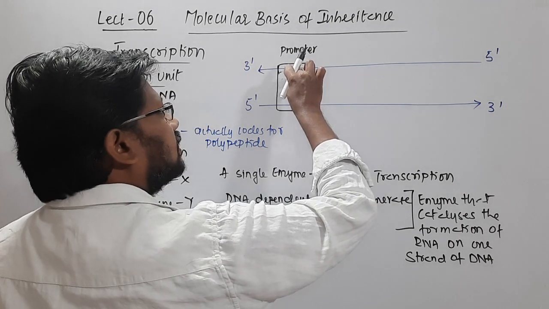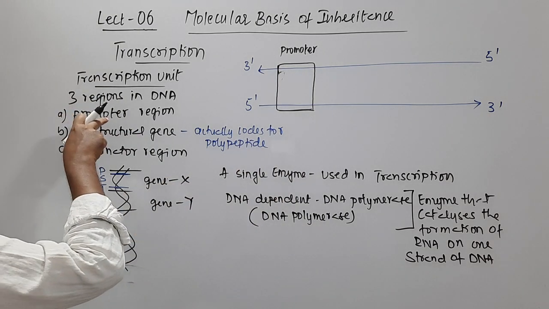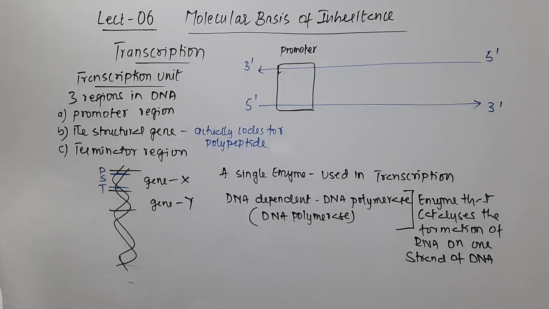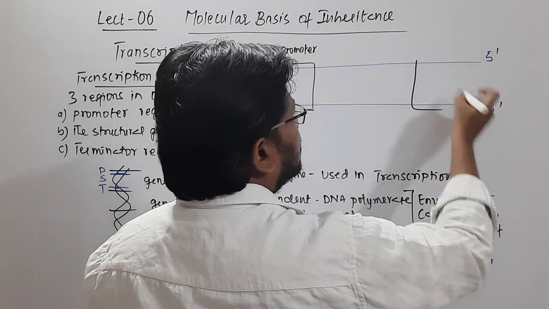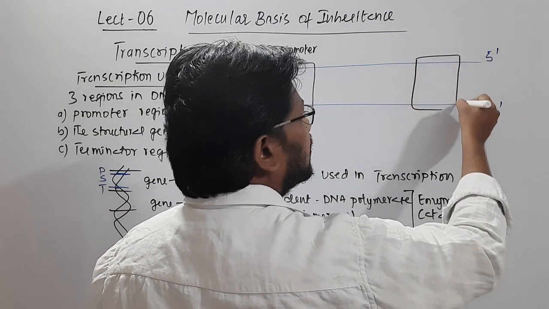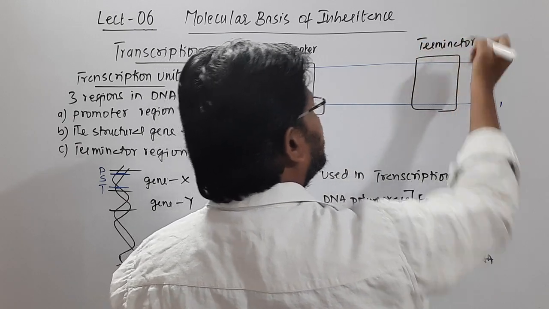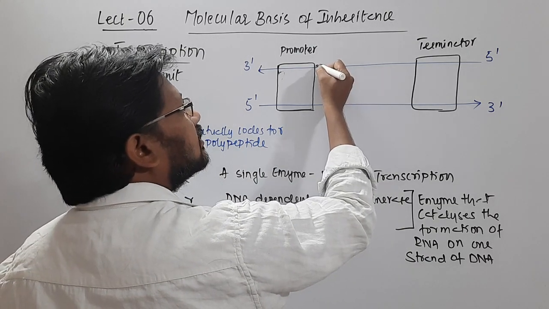So you can see this is a promoter region. Of course, whatever regions I have given you here, promoter, structural gene and terminator region, are just particular sequences of nitrogen bases. Here is another region that's called the terminator region, and between these two regions is the structural gene.